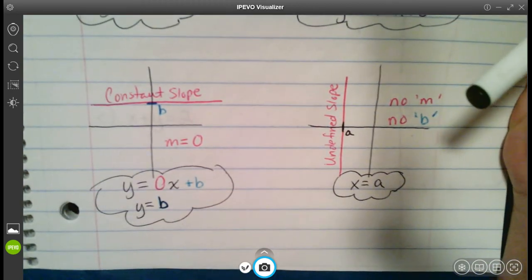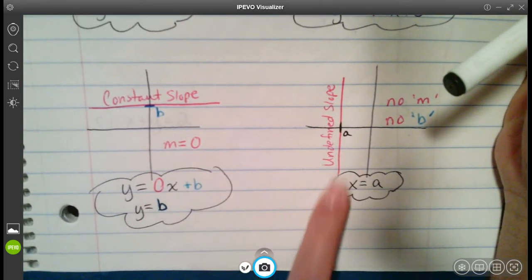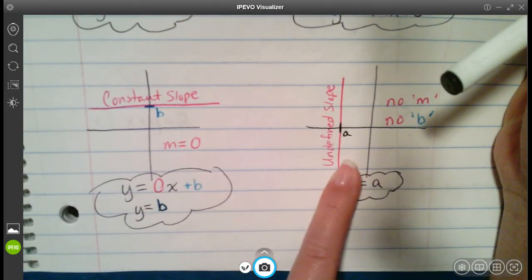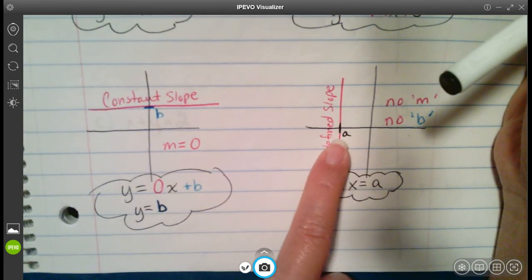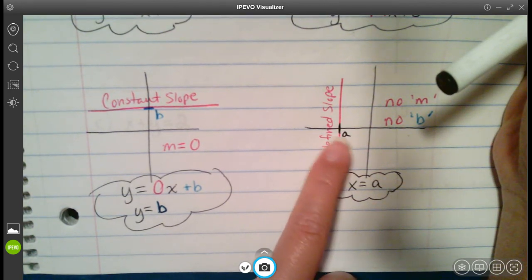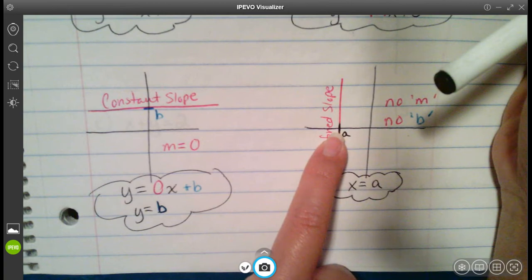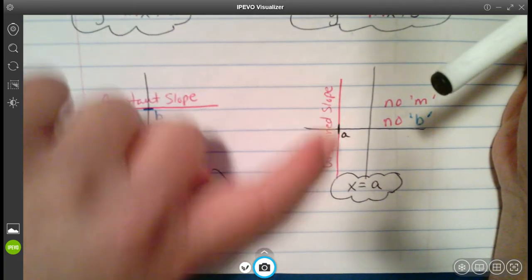Okay, and finally we have the undefined slope. This is the opposite of the last one. It is a vertical line and it goes through a point on the x-axis. We're going to call it a. Since this is where it's crossing, x is equal to this number, because no matter what you choose on this line, x is going to be equal to that number.